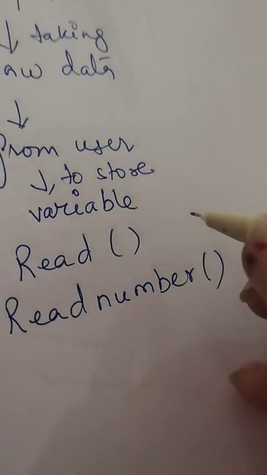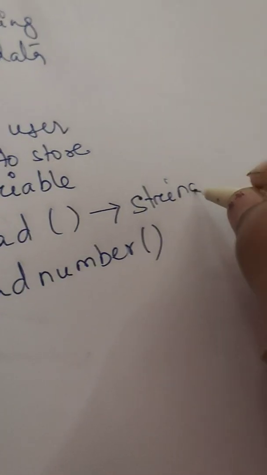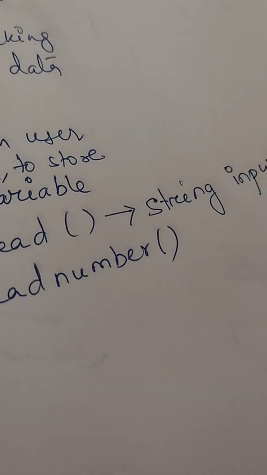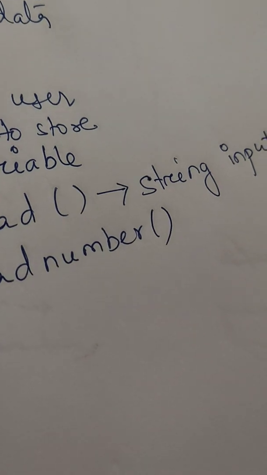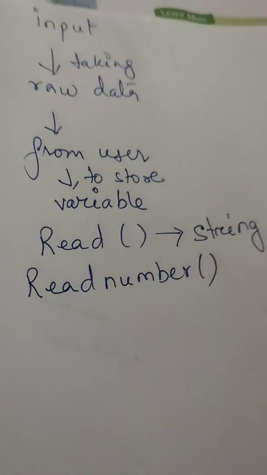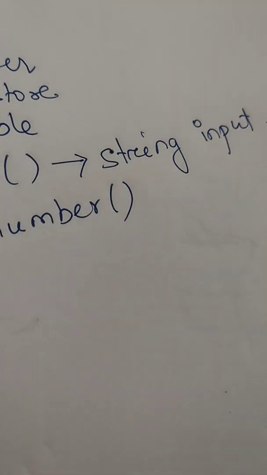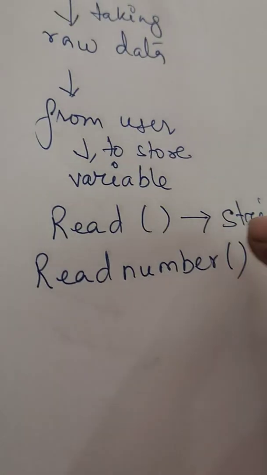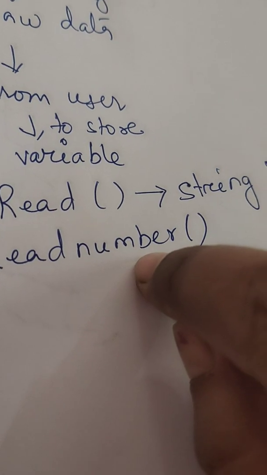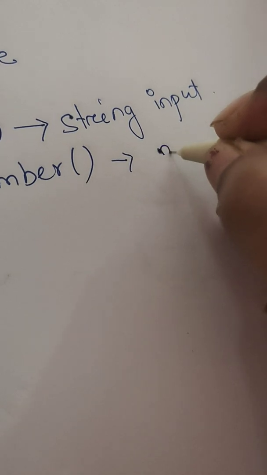So what is the difference? Read will take the string input. Any string data, for example name, address, let's say your class, your father's name, your parents' name, whatever, a string which has characters, so Read will take that. Now ReadNumber will take what?